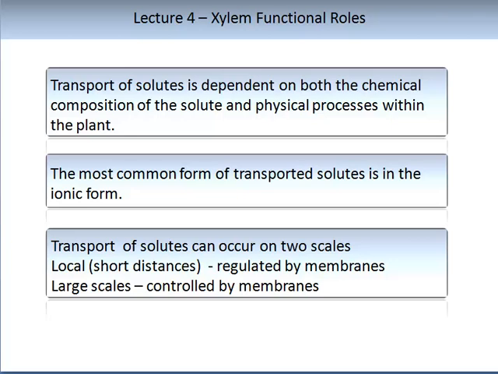The most common form of transported solutes is in the ionic form. Transport of solutes can occur on two scales. There is local or short distance transport, and this tends to be regulated by membranes. And there is larger scale, longer distance transport, and this is controlled by membranes.